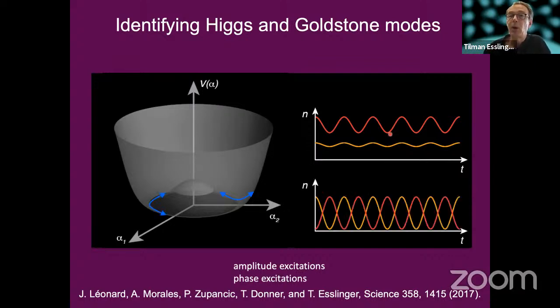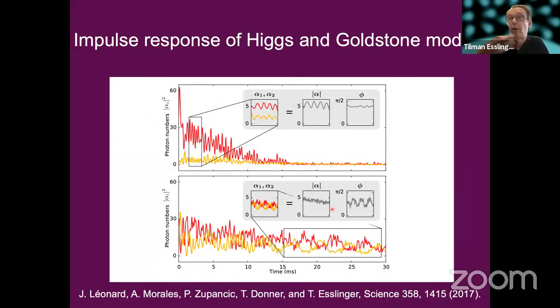And in the phase mode, one of the fields in one cavity would go down whilst the other one goes up. These are the two modes, and we measure those fields, and we can extract the relative phase of this modulation.